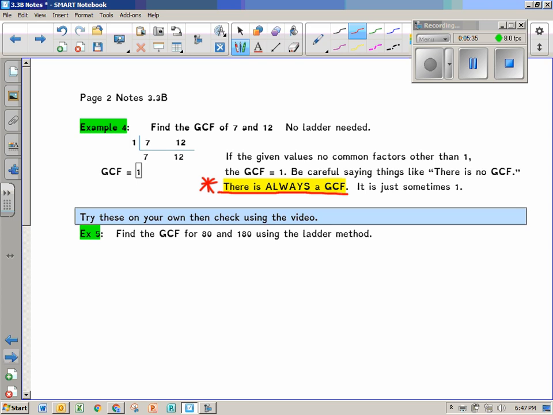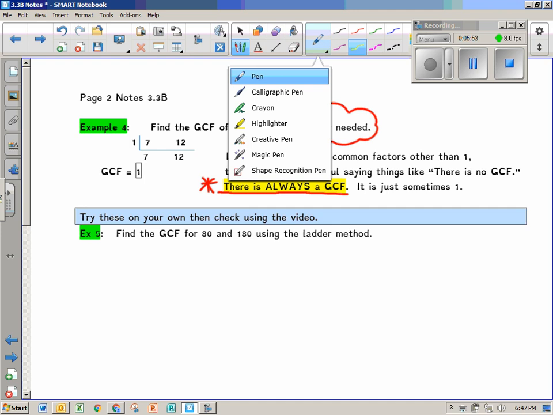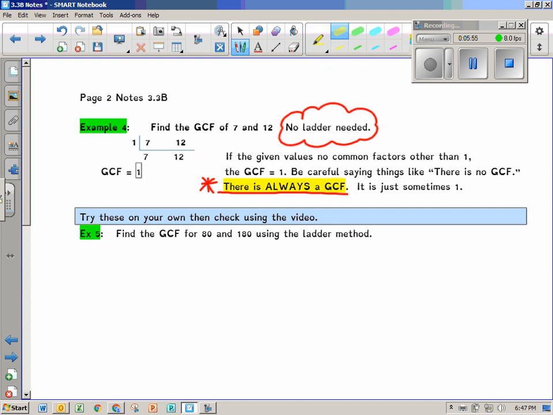There's really no use in making a ladder on a problem like this. So it's important to note, and let's just highlight this. Be careful saying things like there's no GCF. It will just be the number 1.